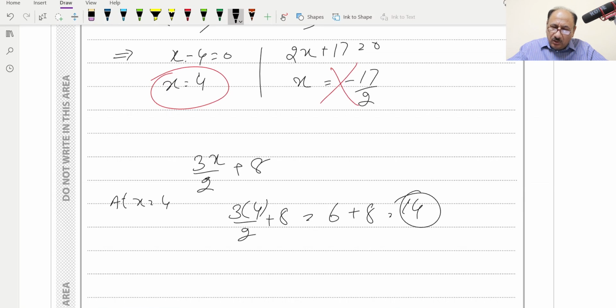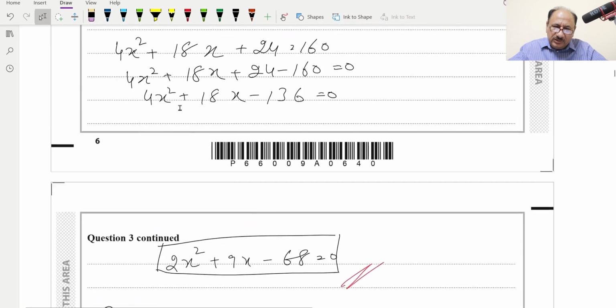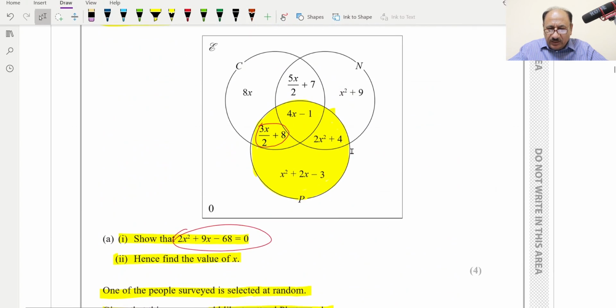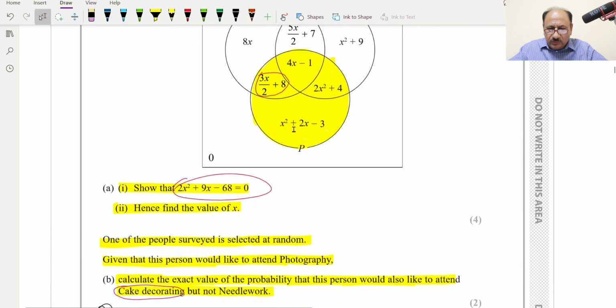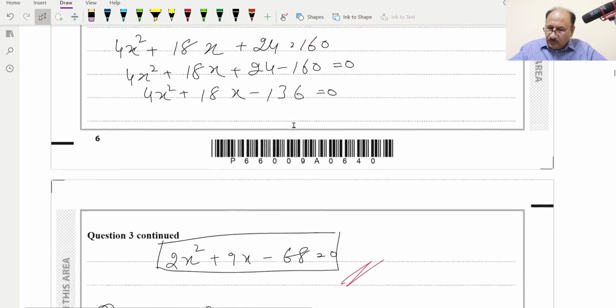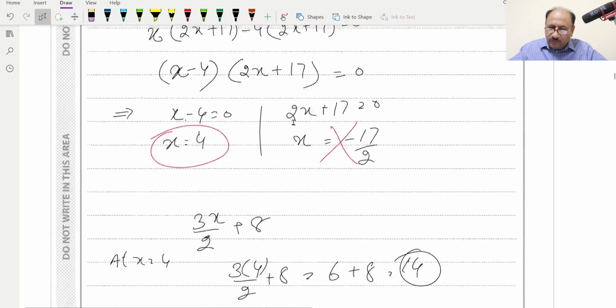So 14 out of total means this highlighted portion. So this one is for 14, which we have calculated.